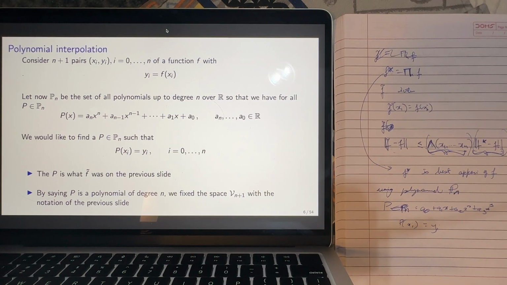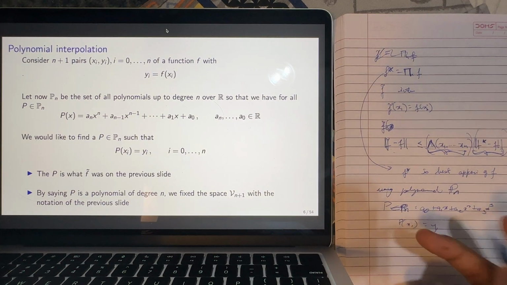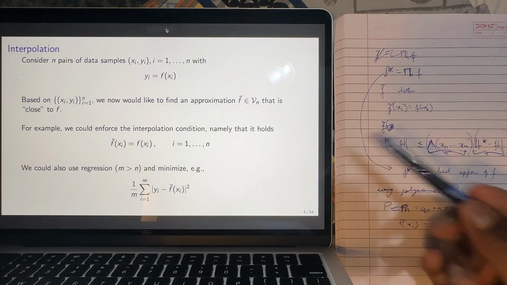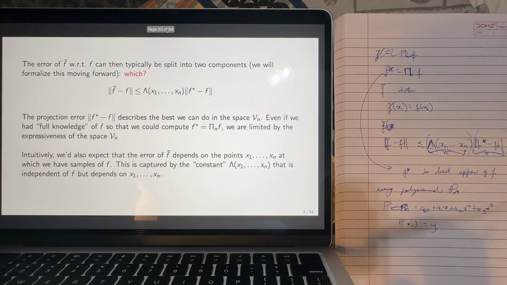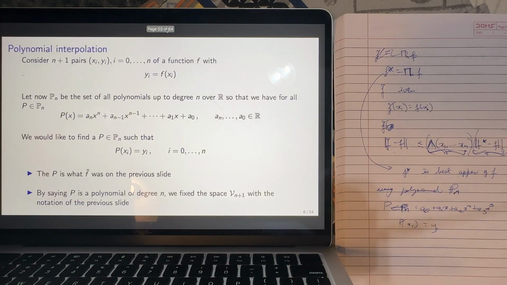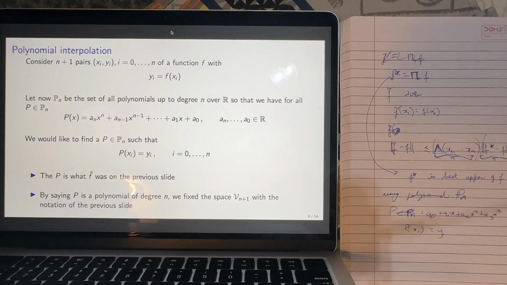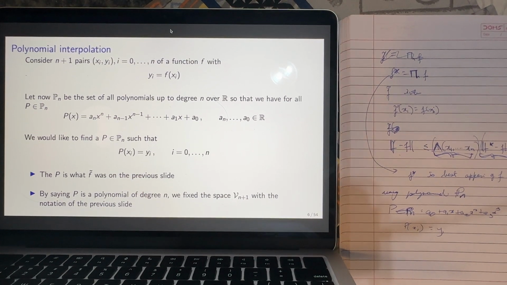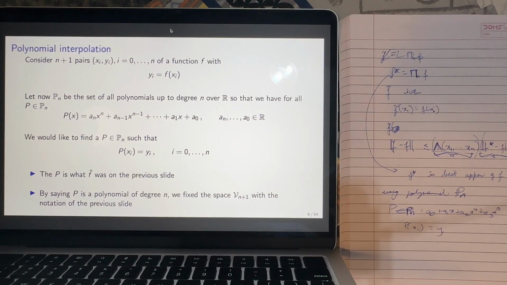So that's what we are doing, right? We are going to enforce this condition by making p of xi equal to yi. This is what f tilde was on the previous slide.